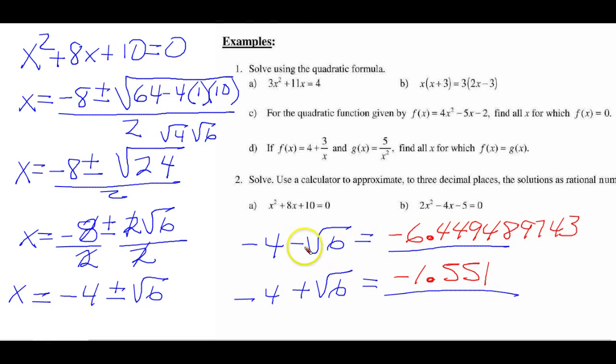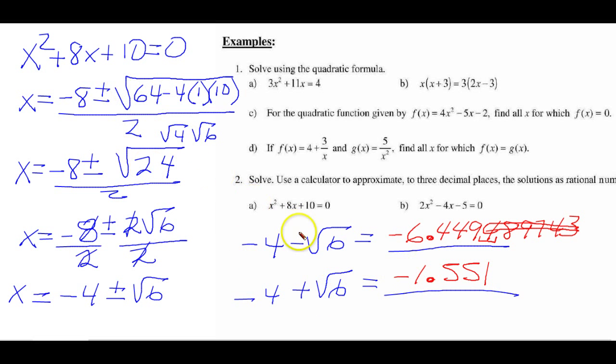Now they're saying they want them to 3 decimal places. When I put this into my calculator, I got this big number. So I go here, 1, 2, 3. I look at the 4th place. If it were a 5, I would add 1, but since it's a 4, I drop all of these. And this is the answer for the other.